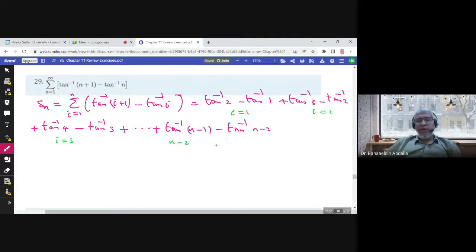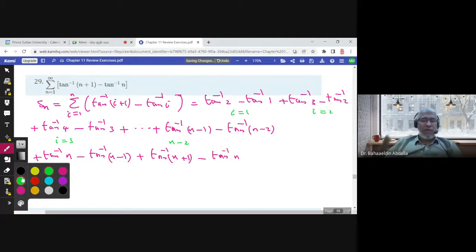If I replace i by n minus 1, I'll have tan inverse n minus tan inverse (n minus 1). And then replacing i by n, I'll have tan inverse (n plus 1) minus tan inverse n.